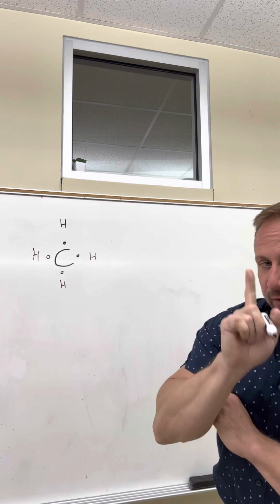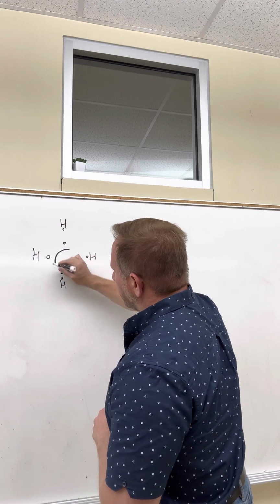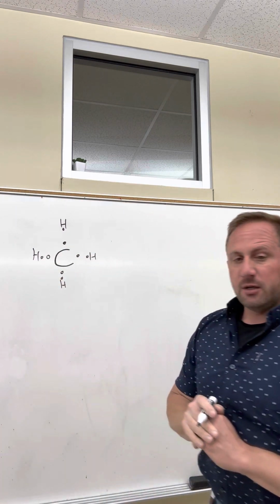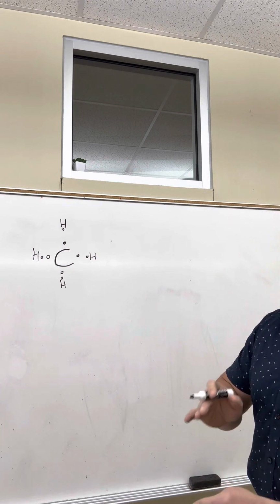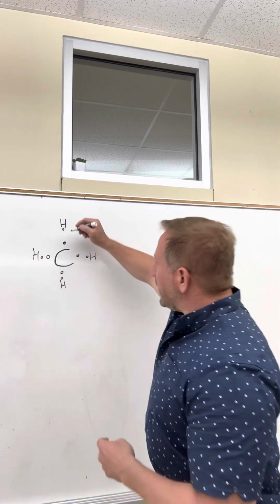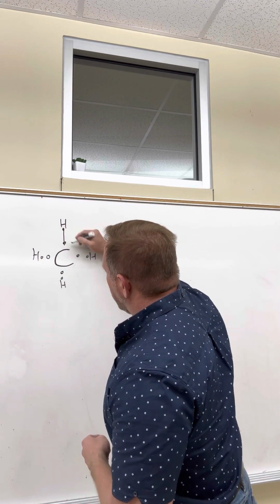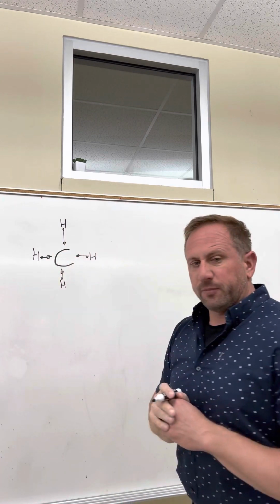Each one of those is 1 valence electron. Each one of those hydrogens can share an electron with a carbon, and each carbon can share an electron with a hydrogen. And so we create ourselves a bond, a bond, a bond, and a bond.